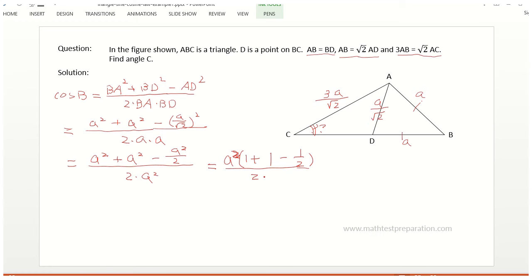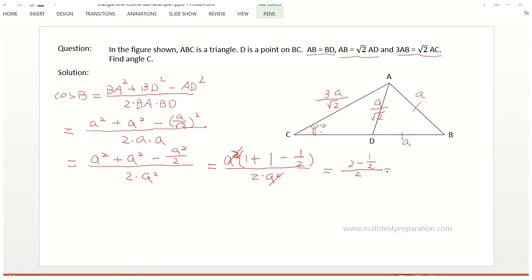Denominator is 2 times A square. So numerator and denominator divided by A square. So we get this equals 1 plus 1, 2, subtract half, divided by 2.